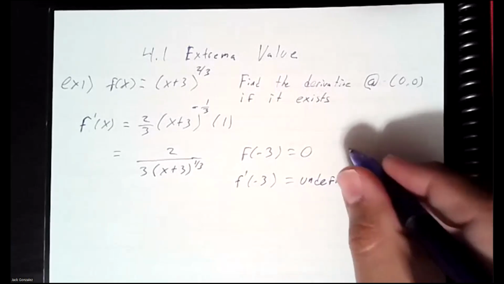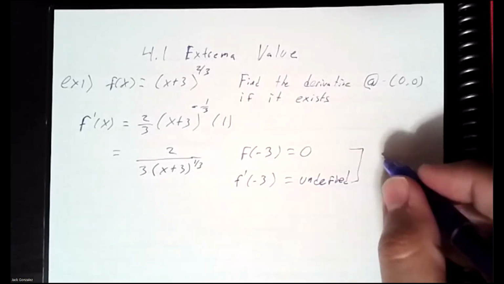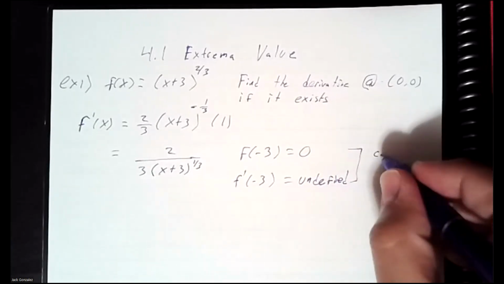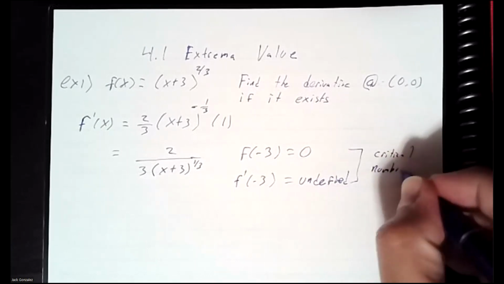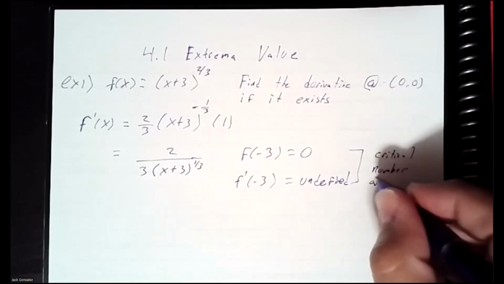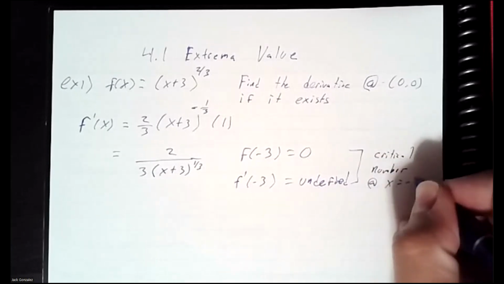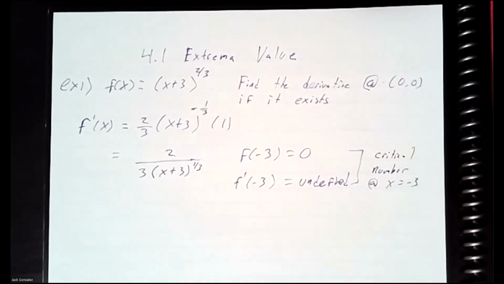So this tells us there is a critical number at x equal to -3. That makes sense. So this tells you it's an extrema.